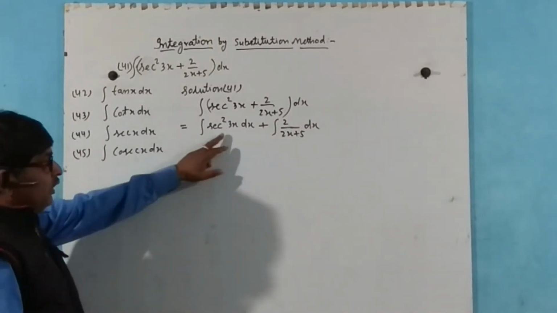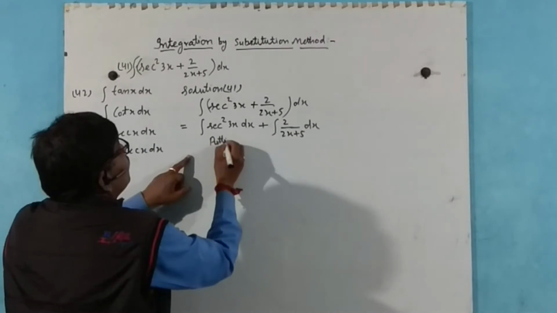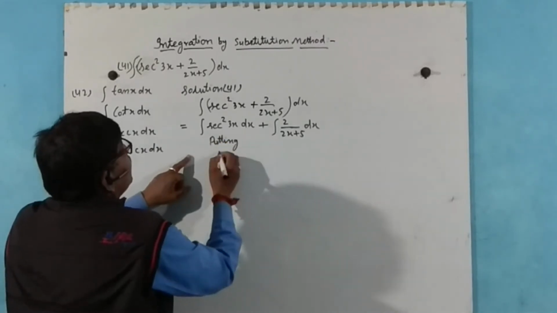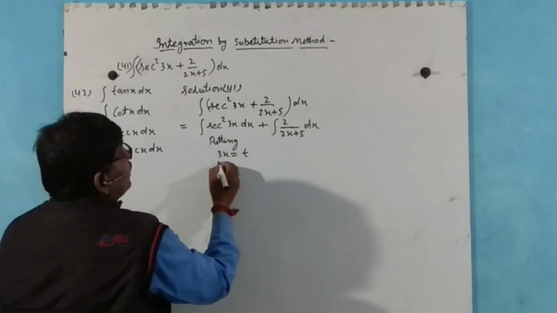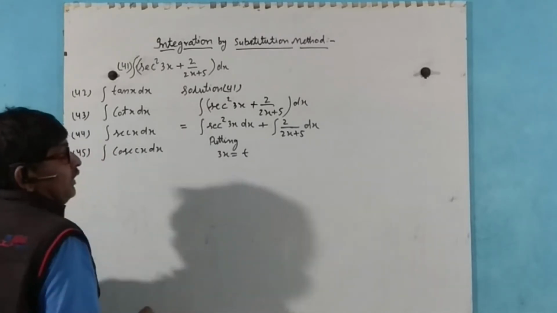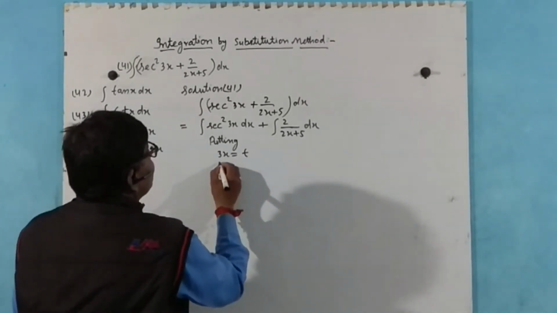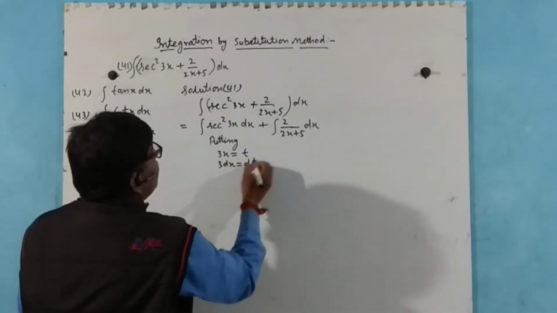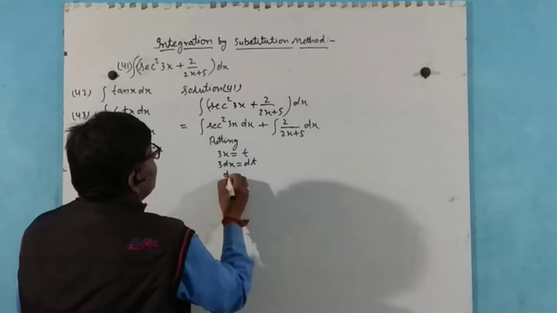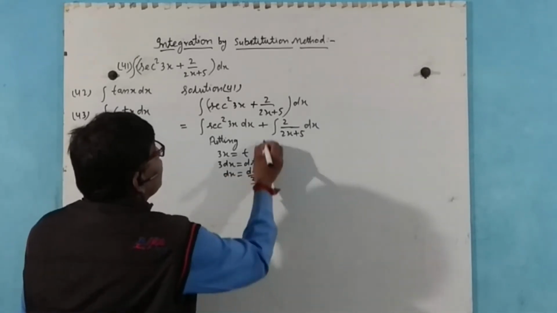Now in this case, putting 3x equal to t, differentiating it, 3 dx equal to dt. It means that dx equal to dt by 3 here.